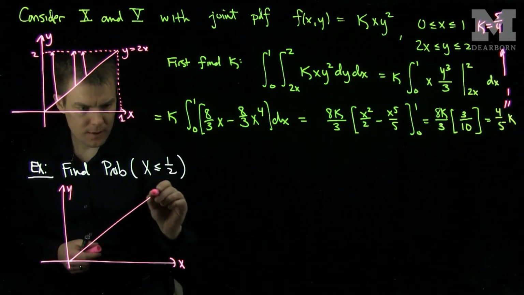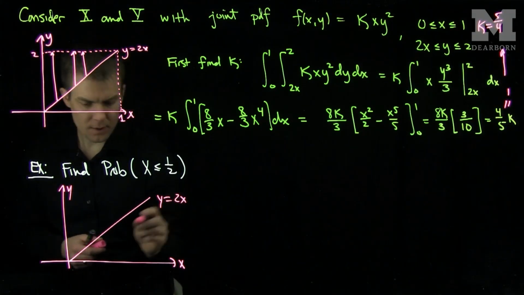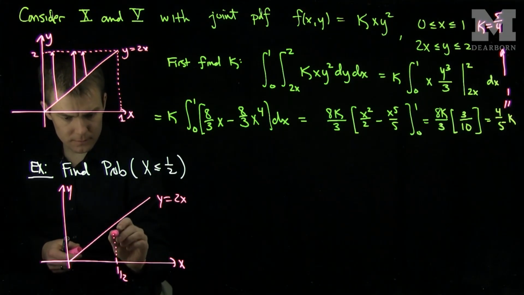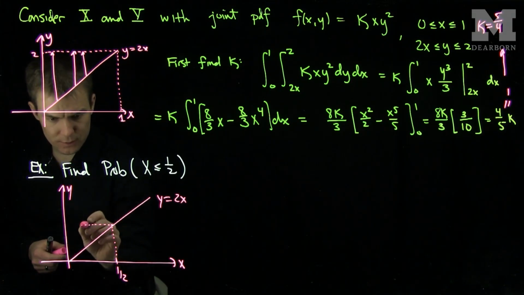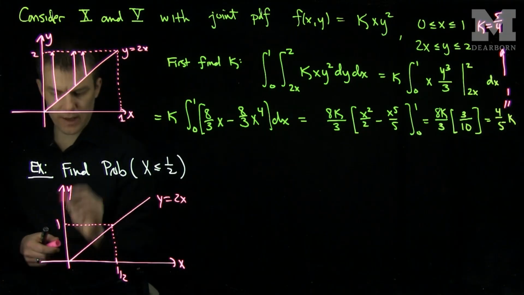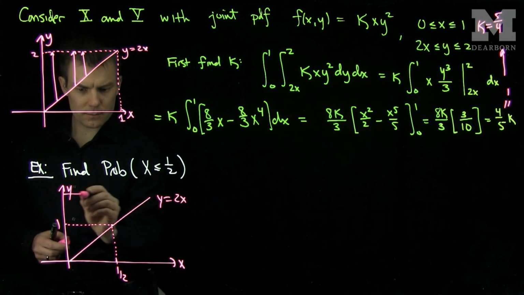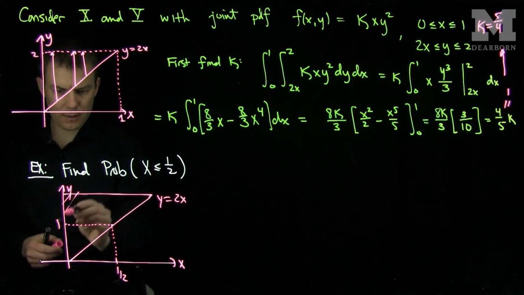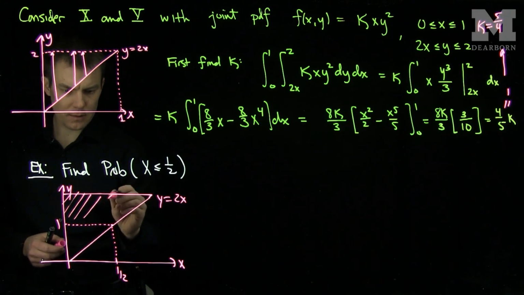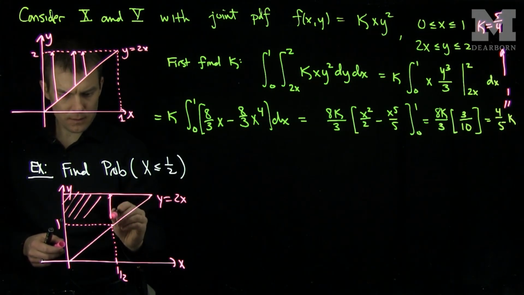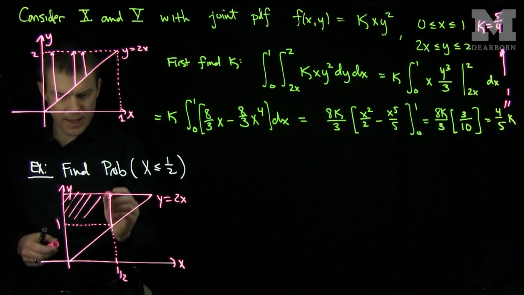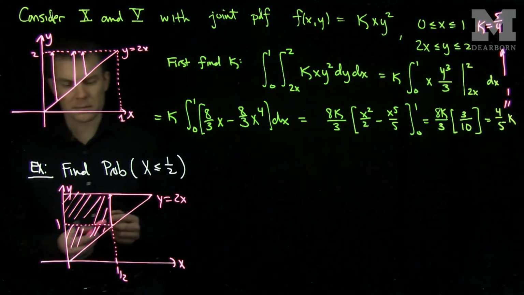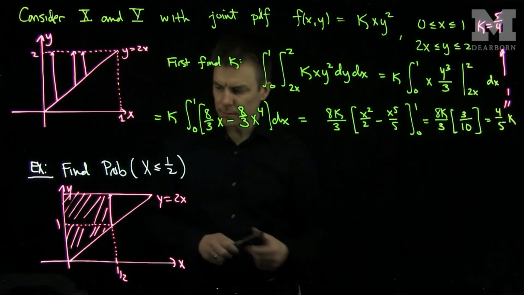Here's y equals 2x. And when x is equal to 1/2, that corresponds to the value y equals 1. So we are in this region right over here, and that corresponds to that part, and we also have this portion over here. So that's the region we will integrate over.